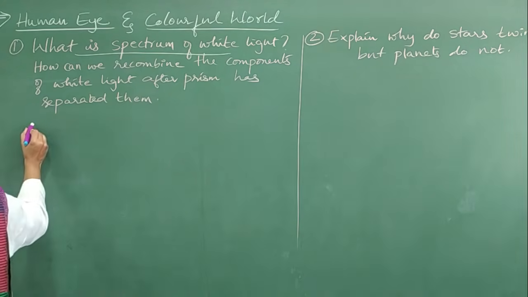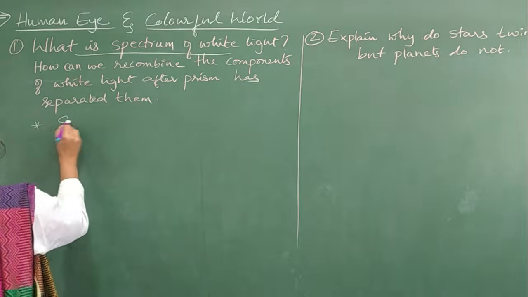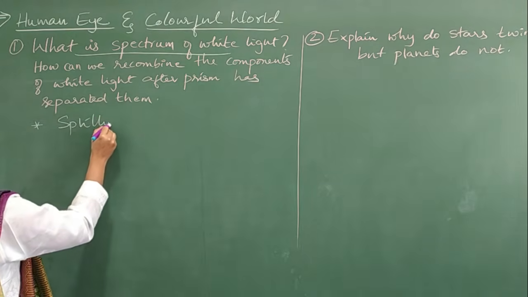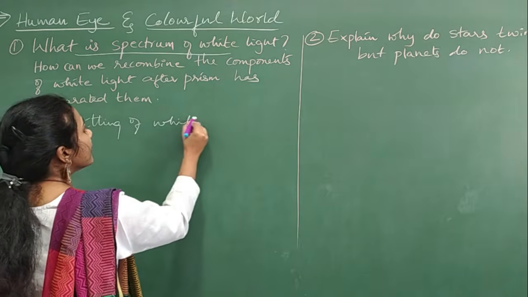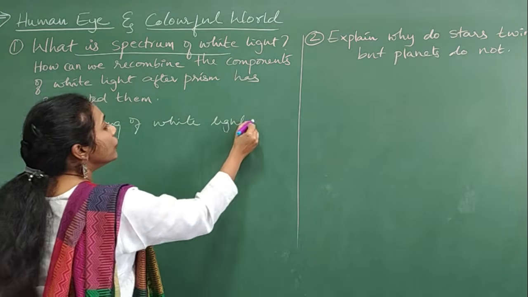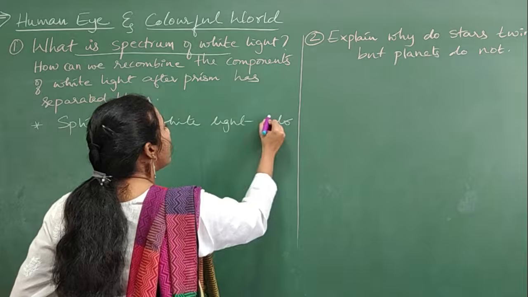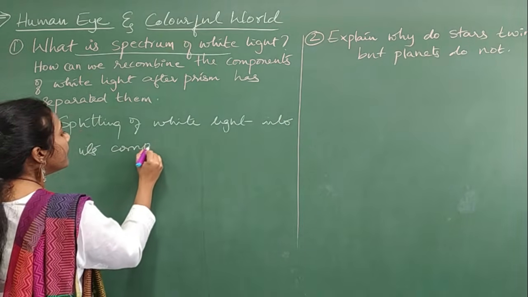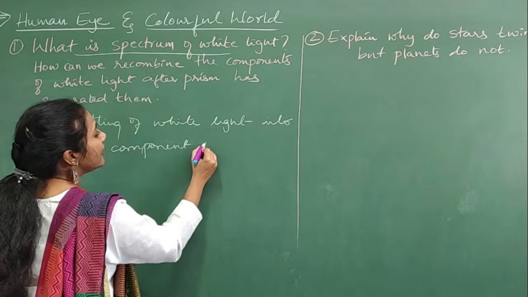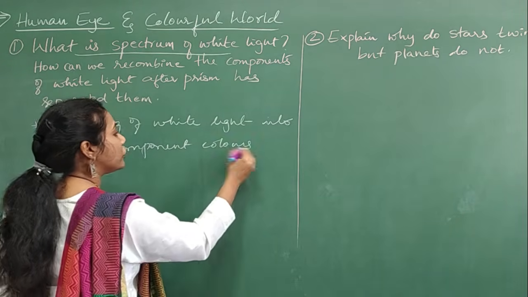So what is the definition you can write here? Splitting of white light into its component colors is called spectrum.